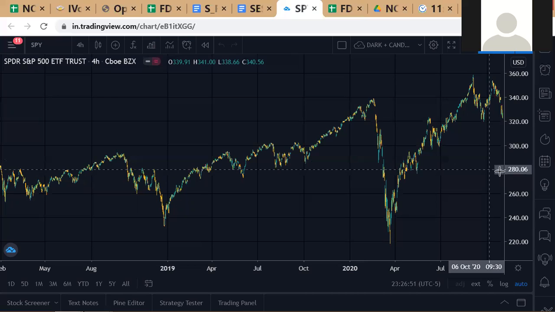So I might say my estimate of the fair value is 280. This is again based on my subjective projections for the earnings of the component stocks. So this is what is meant by fair value, where you come up with an estimate for what the asset is actually worth.